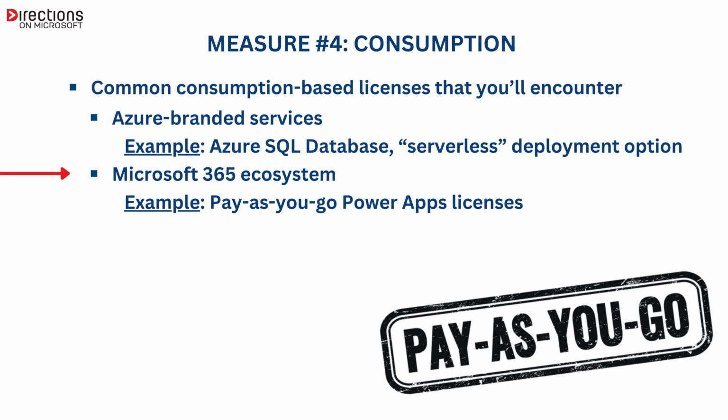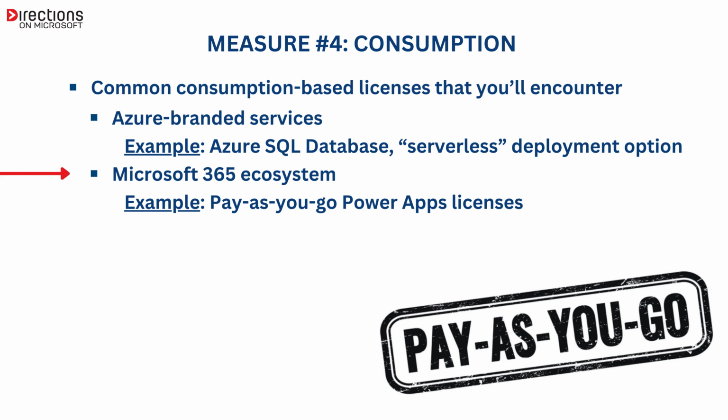However, consumption-based licensing isn't just for things branded Azure. For example, within the Microsoft 365 ecosystem, there is a Power Apps license type described as pay-as-you-go. For these pay-as-you-go licenses, consumption-based means a charge is triggered only if a user seeks out and runs a particular application inside the Power Apps environment.